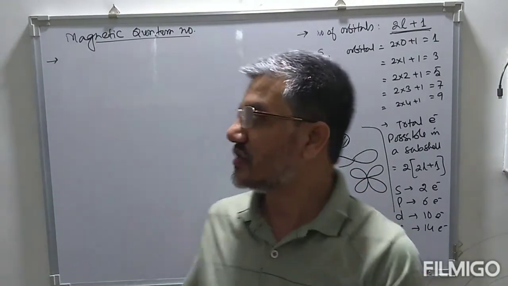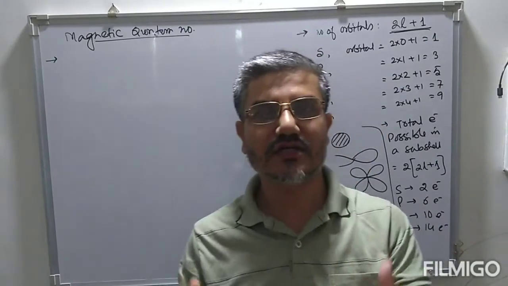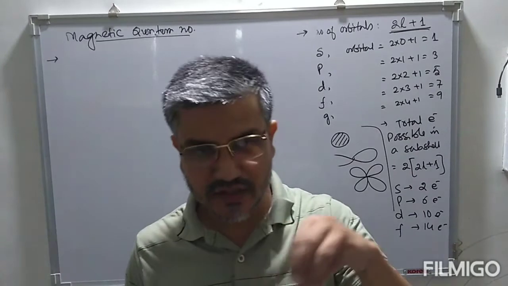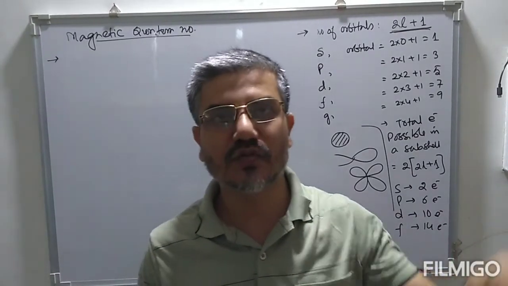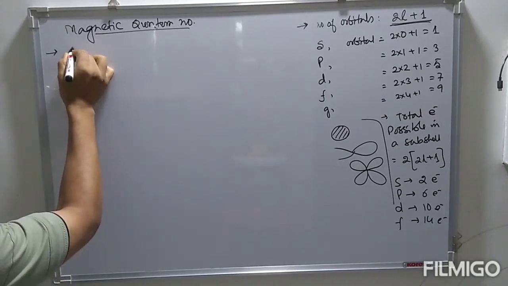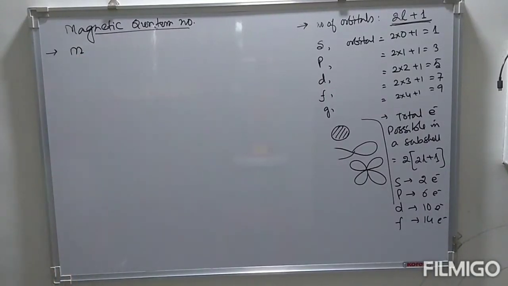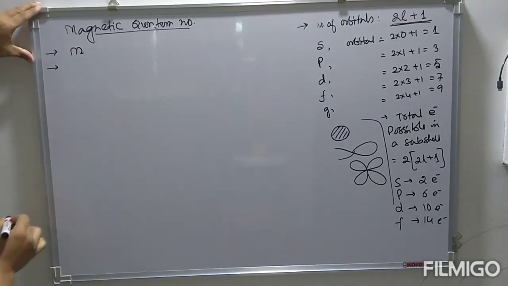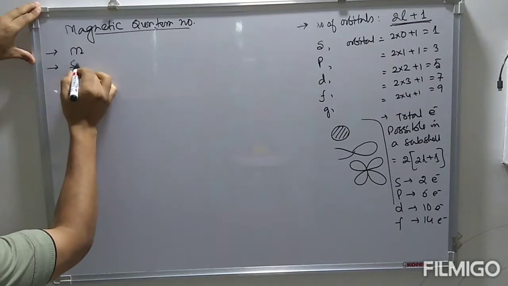That is Stark effect. So this second quantum number, azimuthal quantum number, gives rise to the splitting of this single line into smaller lines. Magnetic quantum number, small m, this represents magnetic quantum number.